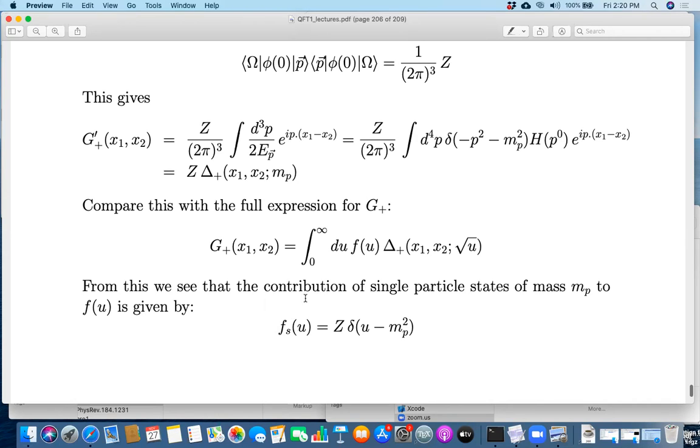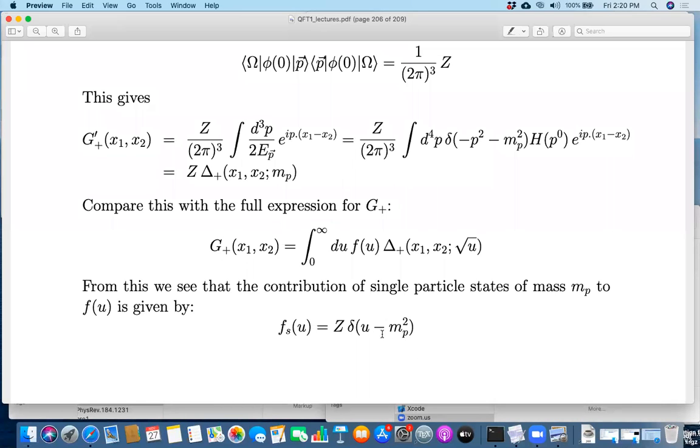Multi-particle contributions are quite different. So this is the feature that we will now use to identify which part of the Green's function that we calculate in perturbation theory or by any other means captures information about the mass of the particle. Namely, we look for a contribution to f_s(u) that is proportional to delta(u - m_p^2).